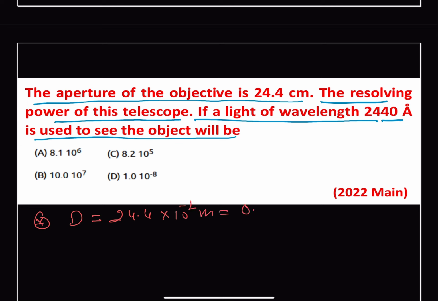So this will be 0.244 meters. And the wavelength is given to us, lambda, that is 4400 angstrom, so this will be 4400 times 10 raised to power minus 10 meters.